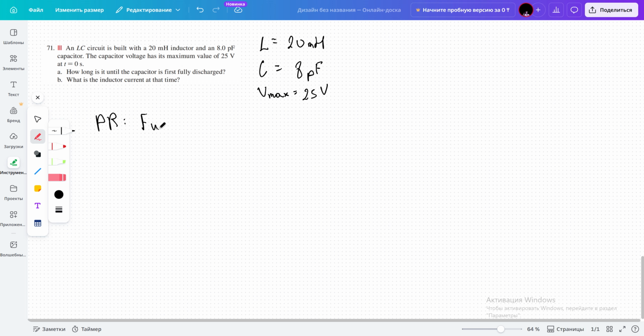So full discharge time is a quarter of the period, and maximum current occurs when our capacitor voltage equals 0.